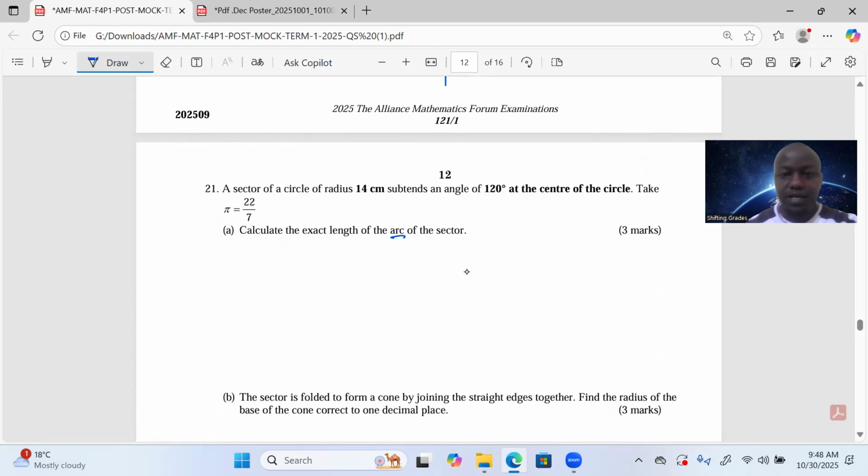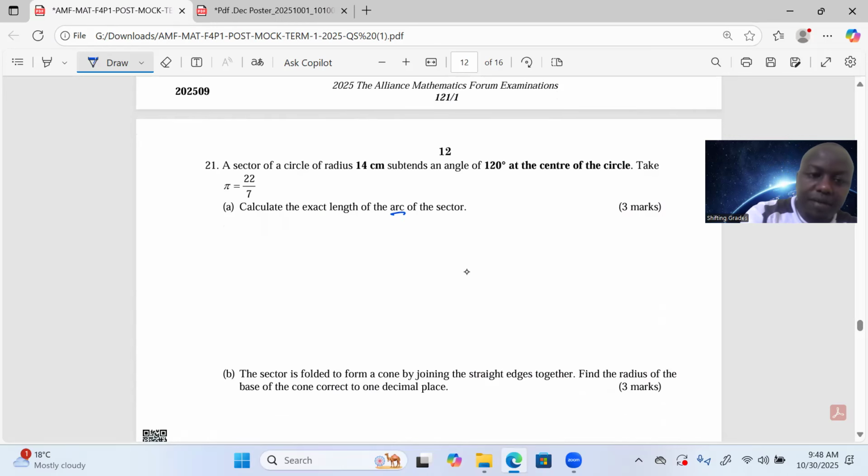Arc of the sector. So arc length is usually given by, just to start with the formula, beta, the angle at the center, out of 360, times 2 pi times radius.